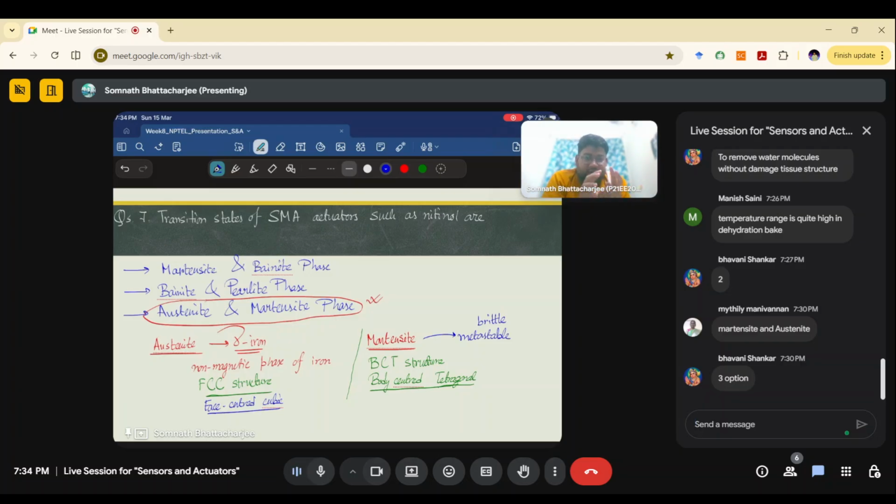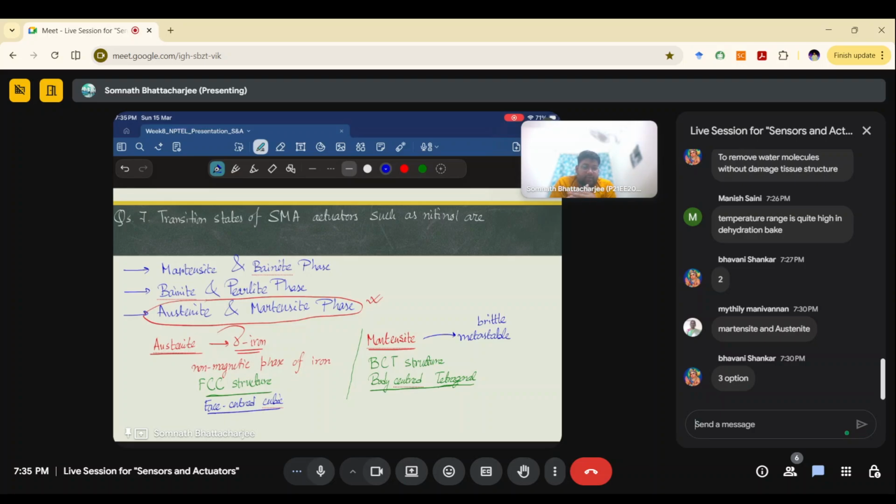But face centered cubic is a very small structure with a much larger number of atoms at each of the faces and everything. So it is heavy and smaller, but it is the non-magnetic phase of iron. And in case of body centered tetragonal, it is a very large, metastable and very brittle stage.